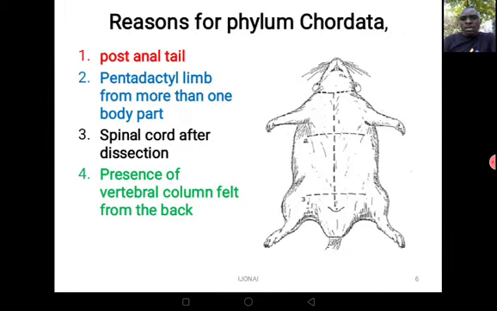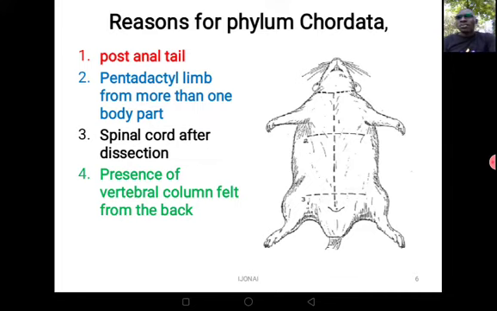But for now, after classifying this rat, we must give reasons why we have chosen the different taxa for this organism. For example, we said it belongs to phylum Chordata. These members of phylum Chordata have some specific characteristics that make them chordates, and they include the following. The first one is that all the chordates have what we call the post-anal tail, the tail that proceeds beyond the anus.